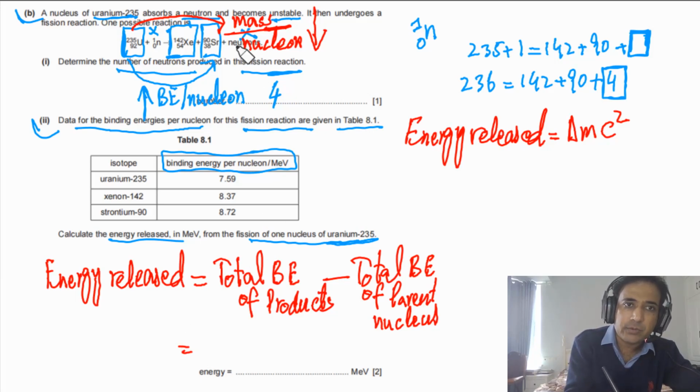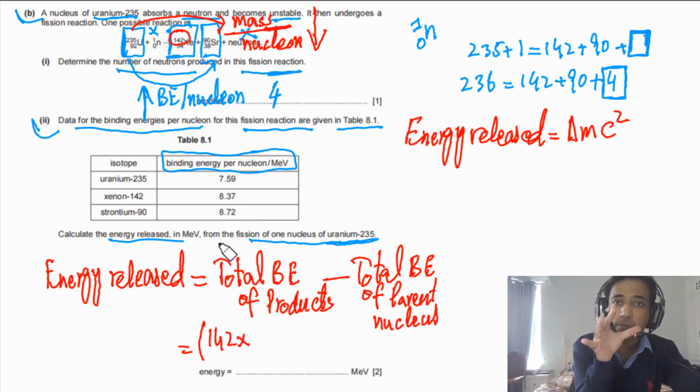So how can we calculate the total binding energy of the products? Here we have mass number 142, the number of nucleons, and binding energy per nucleon is given as 8.37.